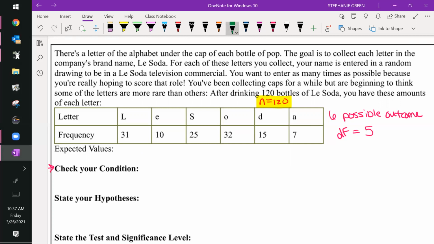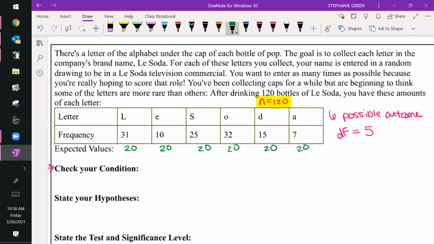Well, what is 120 divided by 6, or 120 times 1/6? That would be 20. So in a sample with a size of 120, we would expect to get 20 L's. We would expect also to get 20 E's, 20 S's, 20 O's, 20 D's, and 20 A's. Add them all up, that's a perfect 120, and they're distributed evenly.